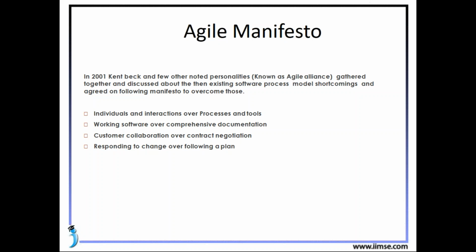And they said, the second point was, rather than having comprehensive documentation, that is the documentation part, if we remember those days, first a lengthy document for software requirements and specifications was made. Each and every software specification was gathered, written properly and audited.